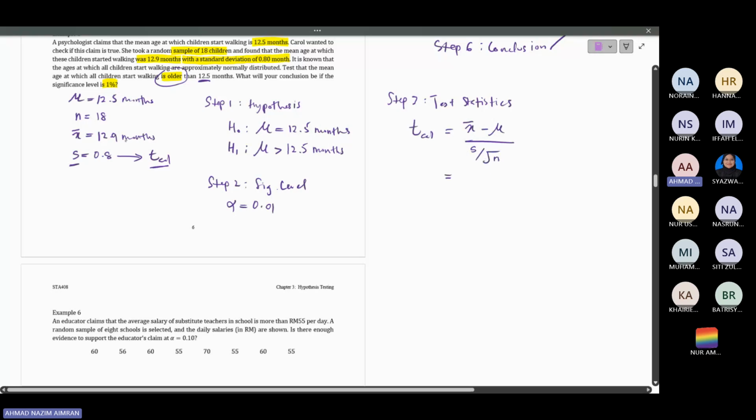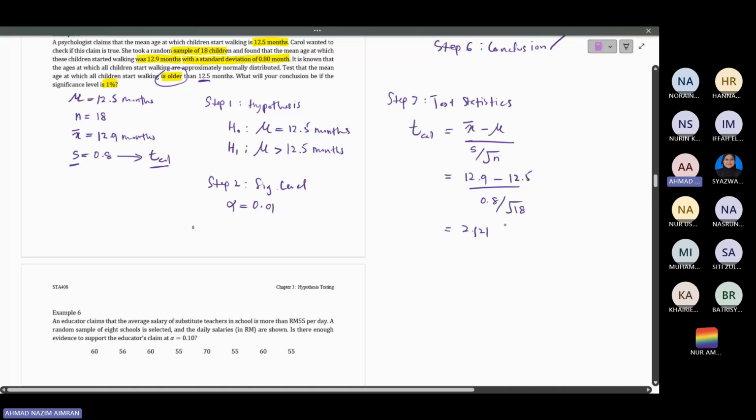So our X bar is 12.9 minus the mean we want to test, 12.5, over s of 0.8 over square root of 18. Solving this, you should get t calculated equal to 2.121.